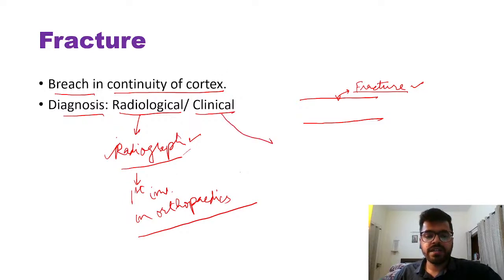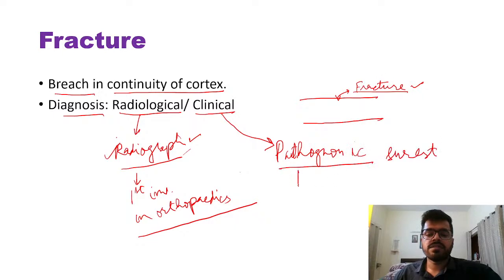Clinically, we have something called pathognomonic sign. Pathognomonic or surest sign, that is abnormal mobility. What does abnormal mobility mean?